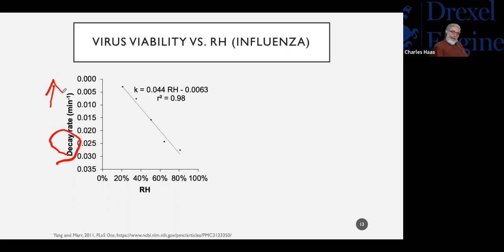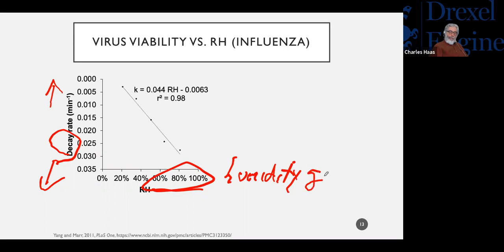That arrow is incorrect; the decay rate is actually increasing toward the bottom. As the decay rate increases, the virus lasts less time in the air. And so humid air is good at increasing the rate of inactivation.